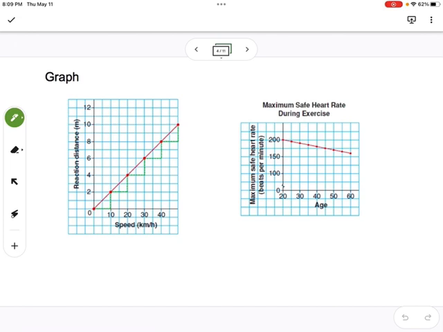Looking at the graphs here, this first one has speed and reaction distance. We notice as the speed goes up, the reaction distance also goes up. Because this line reading from left to right is going up, the slope is positive here.